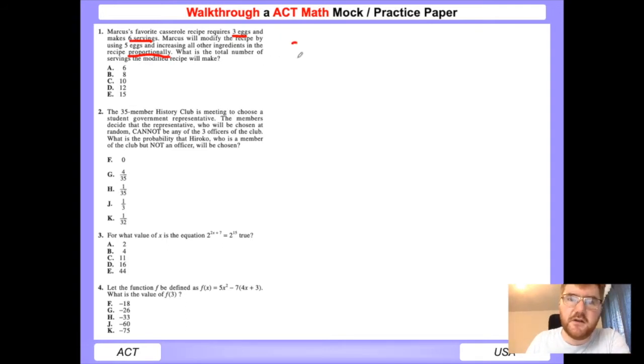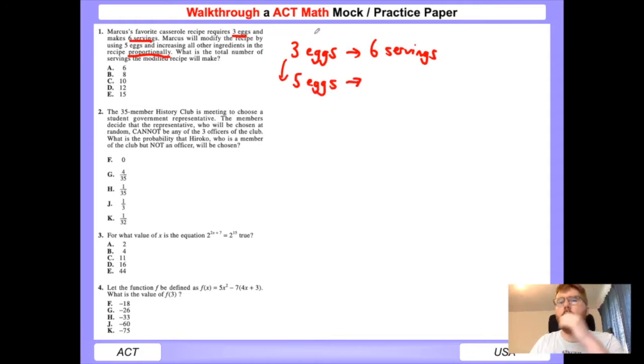So at the moment, we know that 3 eggs gives us 6 servings. And what we want to know is how much 5 eggs will give us. I'm going to write it out nice and clearly. Well, there's a couple of ways we can do this. We could work out how many servings is for 1 egg, the so-called unitary method.